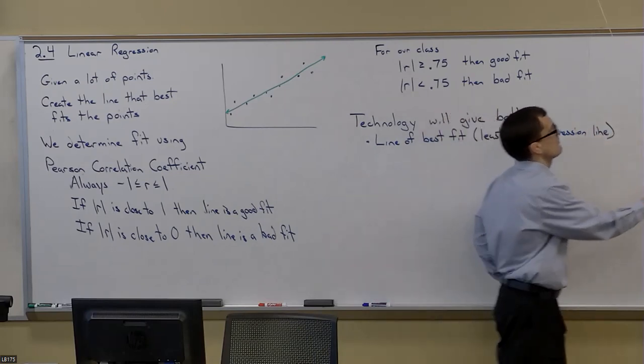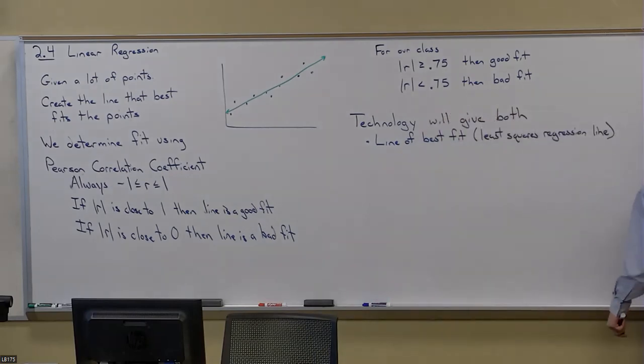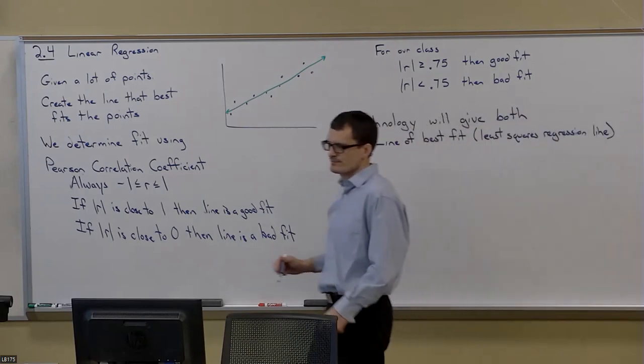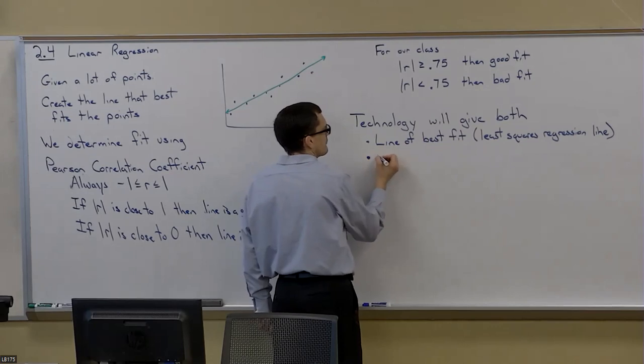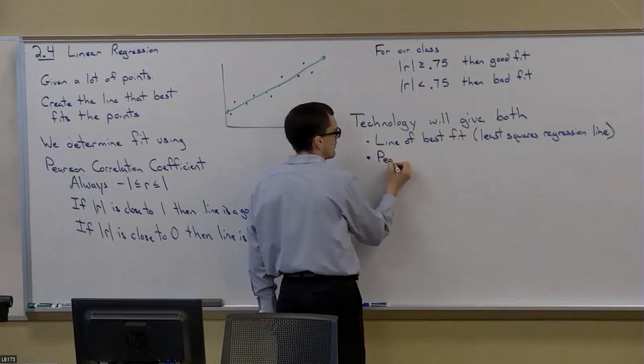The line of best fit, like I said, is called the least squares regression line. And technology will also give the Pearson correlation coefficient.